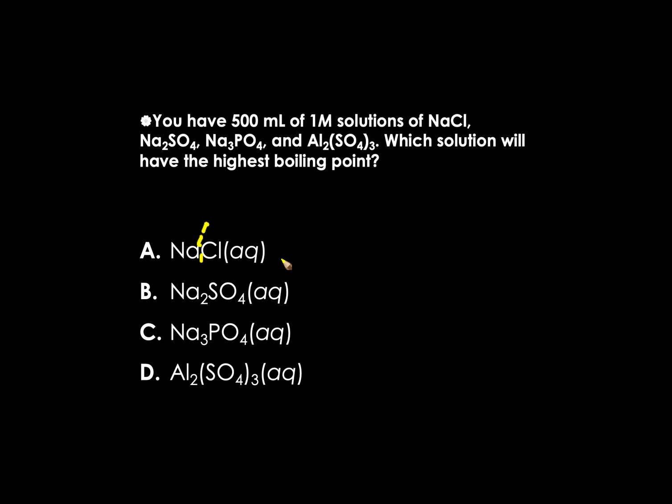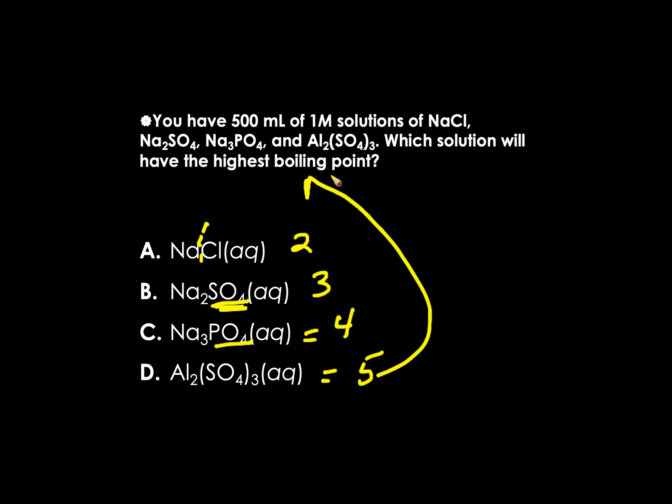NaCl we know has 2 ions. Sodium sulfate's going to have 3, right? Don't forget sulfate's a polyatomic ion, so it's going to stay together. Sodium phosphate is 4. Remember, phosphate, polyatomic ion. And aluminum sulfate is going to be 5. So the one with the highest number of ions is going to have your highest boiling point. So your answer is going to be D. And that concludes our video on colligative properties.